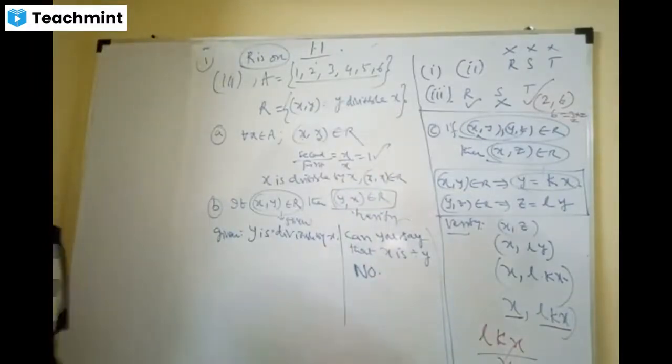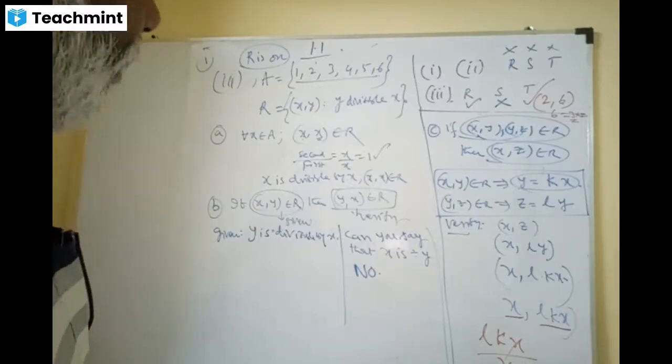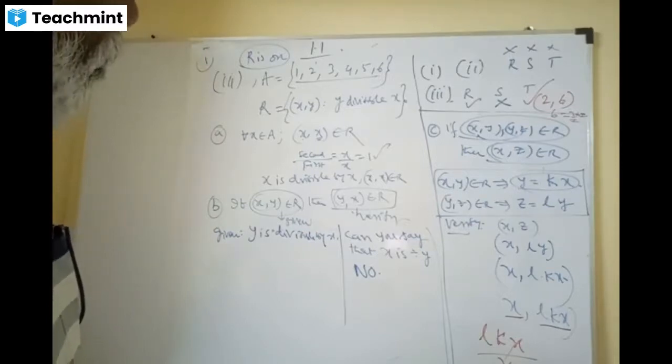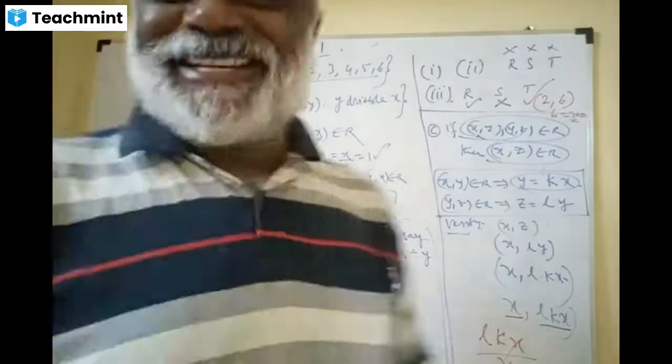You all understood? Sir, in reflexive, if the two elements are of opposite sign, like one is positive and one is negative, but they're the same value, then is that reflexive or not? It's not reflexive.